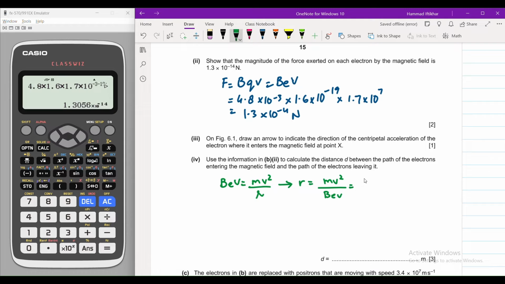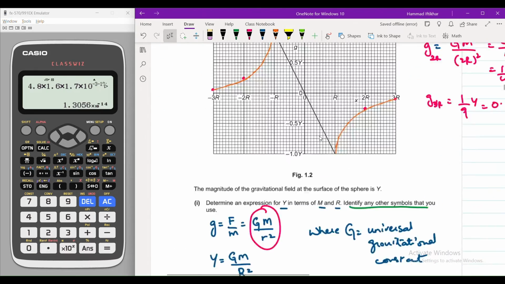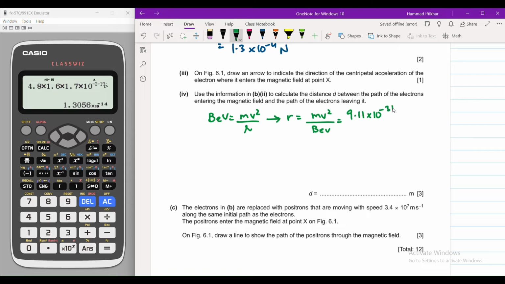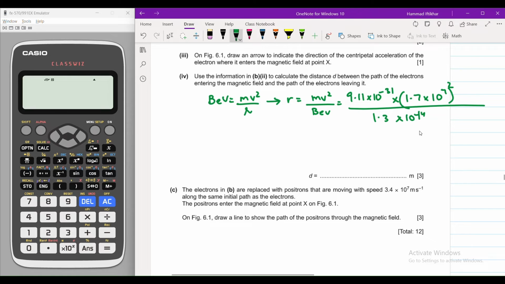The mass of the electron, let's check the data sheet, is 9.11 × 10^-31. Velocity was 1.7 × 10^7, squared, divided by 1.3 × 10^-14. Sorry, this is -14. Let's do this: 9.11 times 1.7 times 1.7 divided by 1.3 times 10 raised to the power -31 +14 +14.